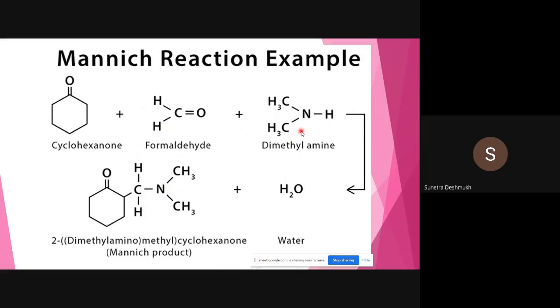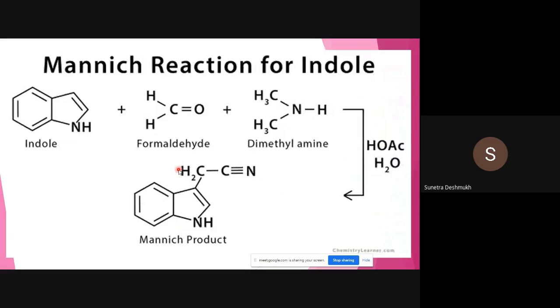Another is a secondary amine, dimethylamine, which we have taken here, and the third is an enolizable ketone, cyclohexanone. We treat these three components with each other via the mechanism we saw: Schiff base formation, iminium formation, enolate formation, and we get this type of amine. So pay attention for the final exams. They may ask a variety of things.